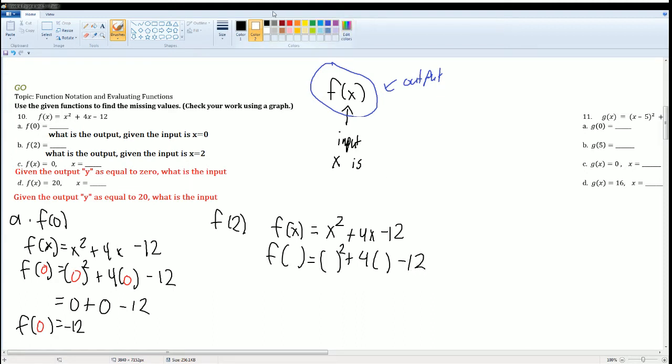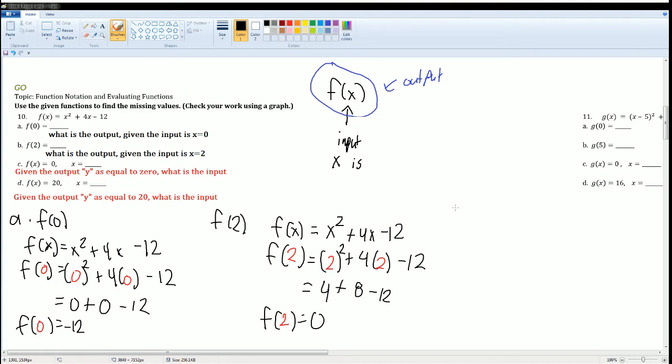I know that the x here is going to be a 2. 2 goes in for x, 2 goes in for x, 2 goes in for x. All right. 2 squared becomes 4. 4 times 2 is 8, and we minus 12 here. So f of 2 is equal to 4 plus 8 minus 12. 8, 9, 10, 11, 12 minus 12 is 0.